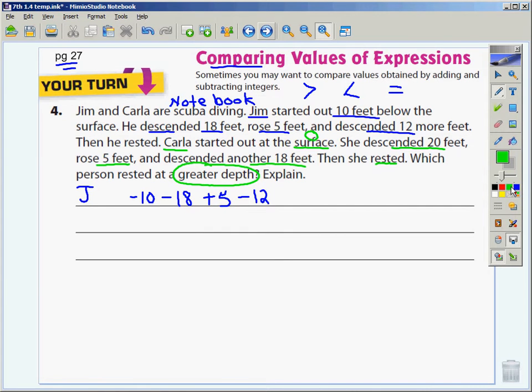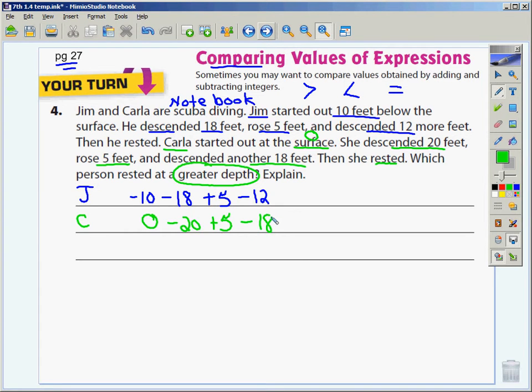As we keep reading, we're going to write the expression for Carla. Carla started out at the surface. Remember, if she's at the surface, she's starting at 0 feet. She descended 20 feet. She went down 20, subtract 20. She rose 5 feet. That would be plus 5. And descended another 18, went down 18 feet.